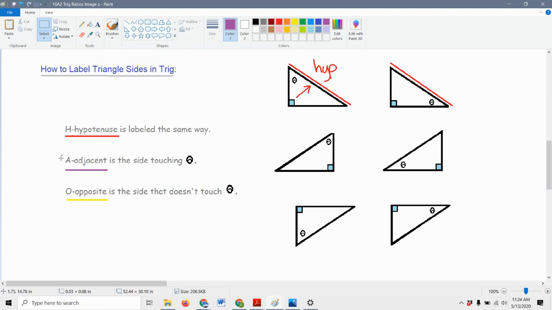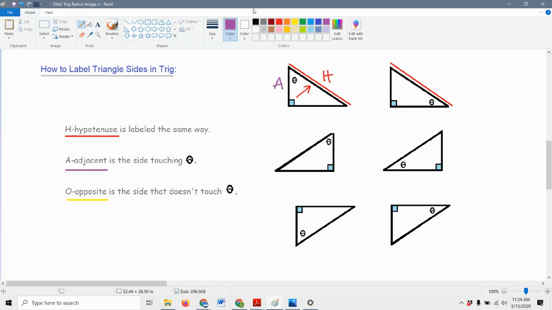When we label our hypotenuse, instead of labeling it HYP, which is what we've been doing, we're going to label it just H. A is how we're going to label the adjacent side, which is the side touching theta.